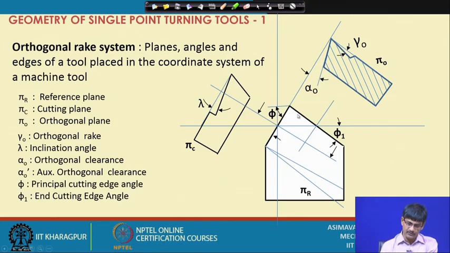So, we will have auxiliary cutting plane, we will have auxiliary orthogonal plane, they will be forming similar angles like auxiliary orthogonal rake, auxiliary orthogonal clearance, etc. I have not drawn this on the same figure because it will turn out to be confusing if I start giving all the details in the same figure at one go. So, I have only given you details about the principal cutting edge and its associated angles.